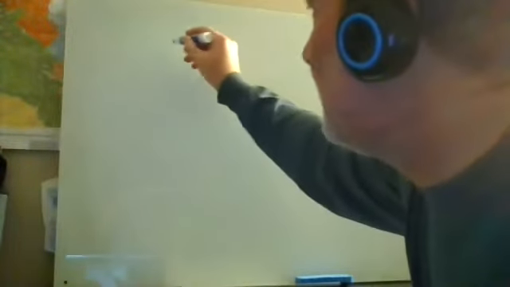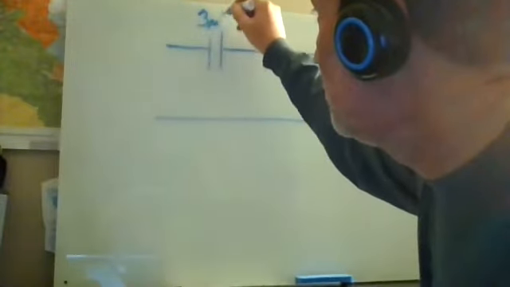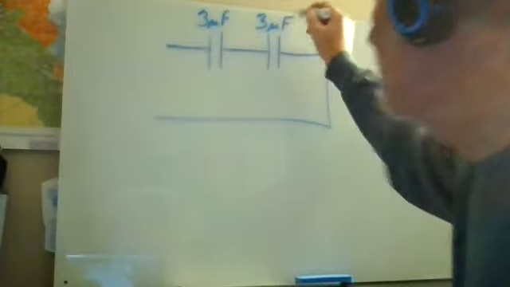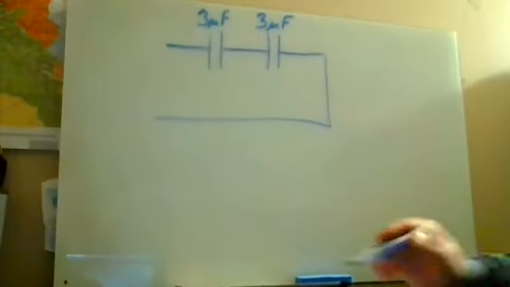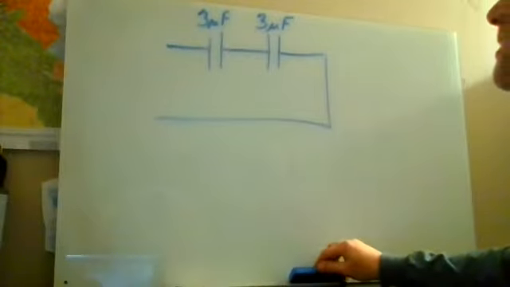So if I have a circuit like this, and that's micro and micro, it's not milli. I know that first one doesn't look very good, does it?